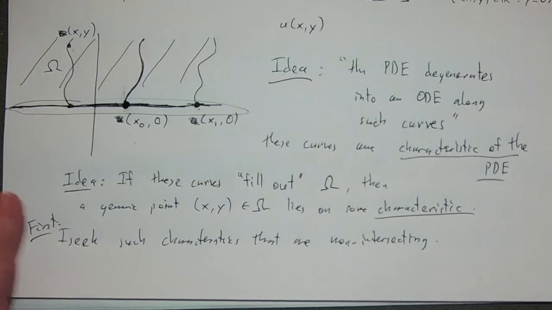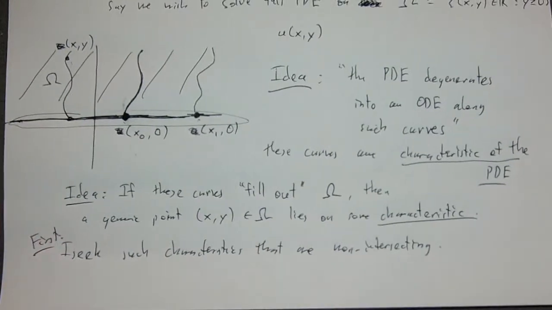Why is that a problem? You might remember some issues from when you first learned about ODEs, when it came to thinking of curves filling out your region, or plotting trajectories. The problem with intersection in your existence and uniqueness theorems was that it violated uniqueness.